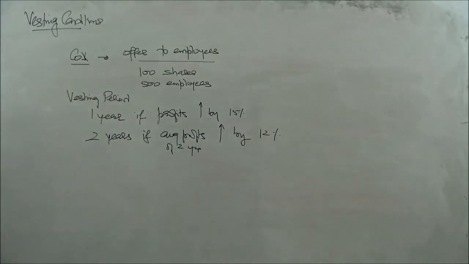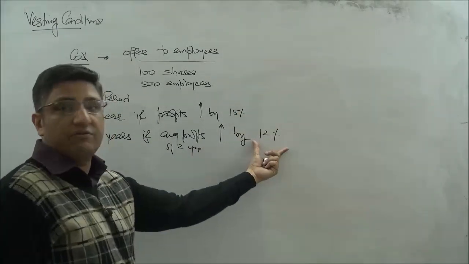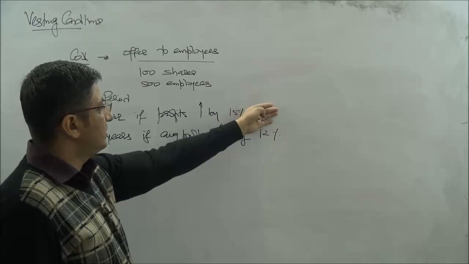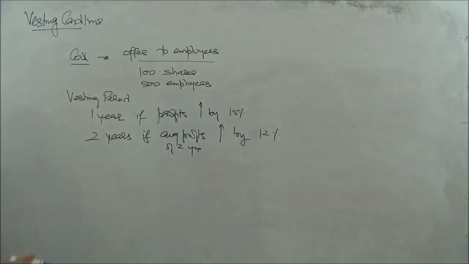That simply means that if it doesn't happen in year 1 that you have 15%, but on average you have 12% in total, even though it is low here and averaging later, then you still get this vesting done by year 2.